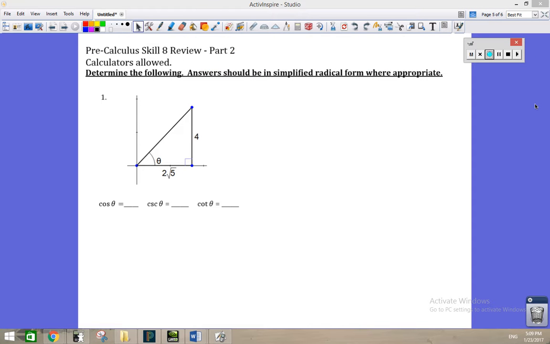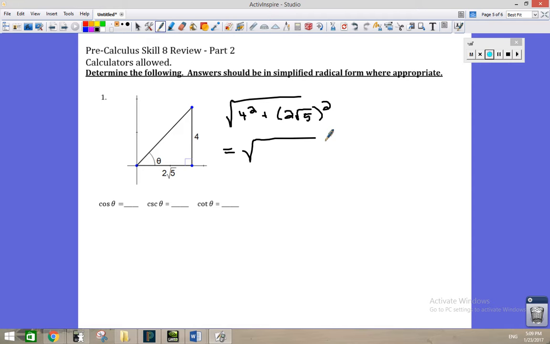Let's do these first two problems on the review where you can use your calculator now. Here it gives me a right triangle. I have the two sides. I'm going to need the length of the hypotenuse, so by the Pythagorean theorem, I'll take 4 squared plus 2 times radical 5 squared.